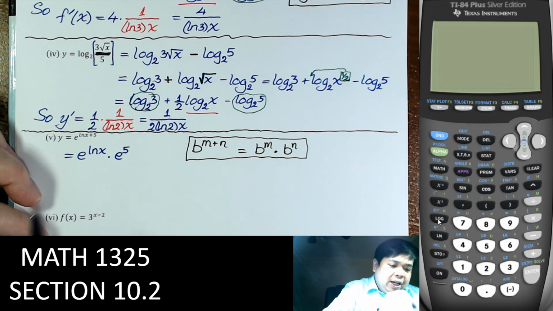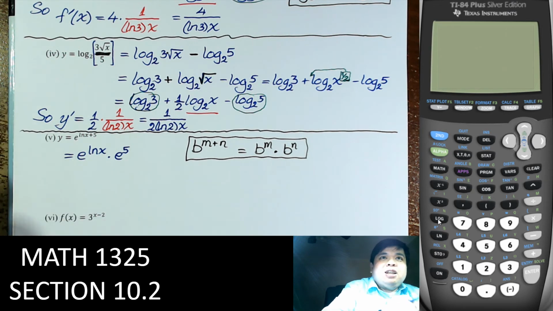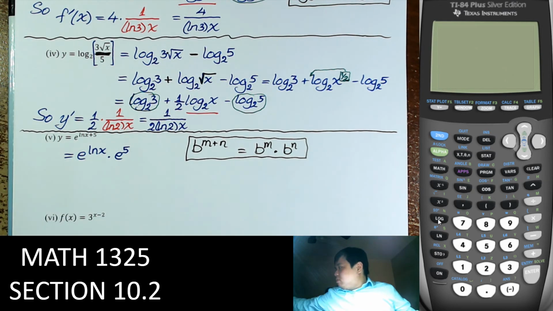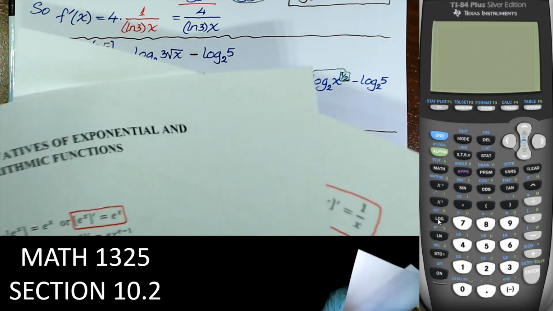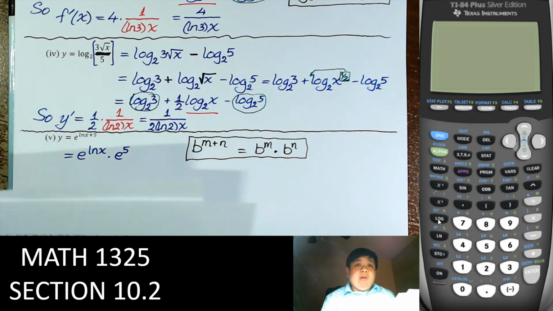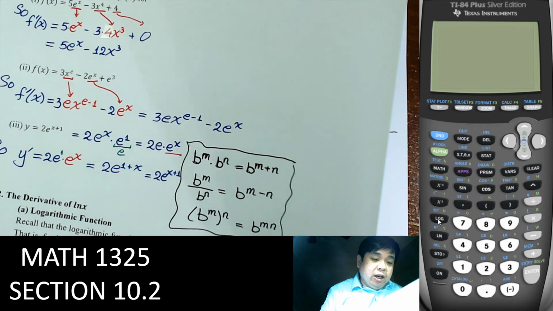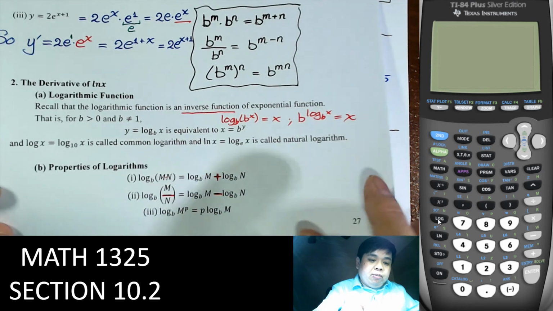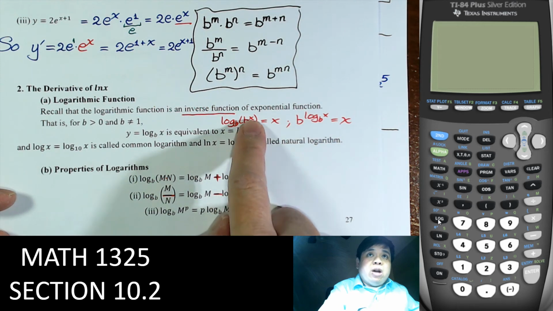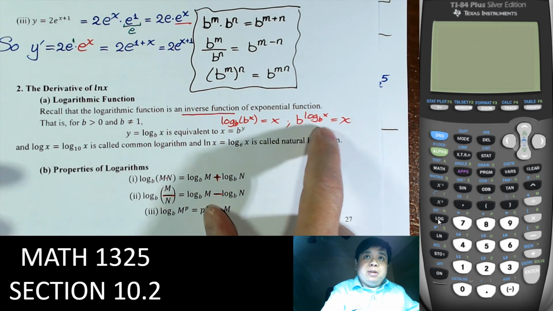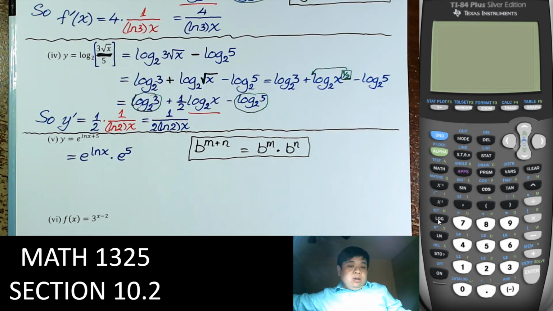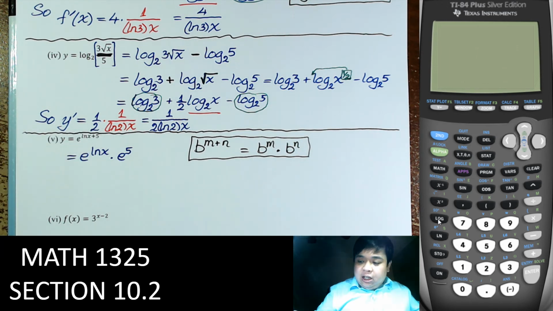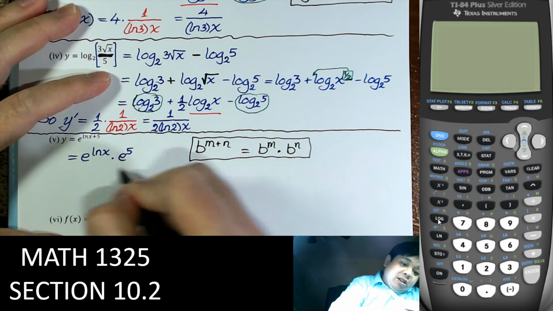Now what's that? We mentioned earlier that logarithmic function and exponential function, if the bases are the same, are inverses of each other. So we have log base b of b to the x is x, and b to the log base b of x is x. So in this particular case, e to the ln of x is equal to just x.